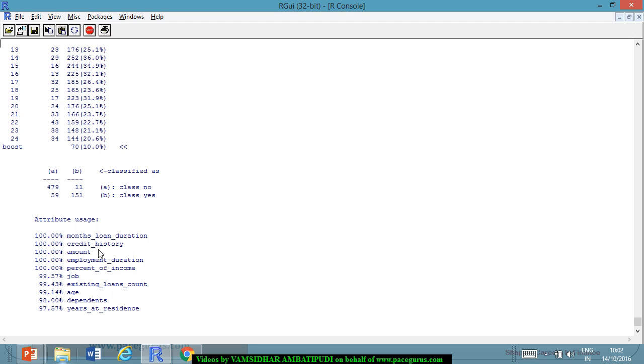And if you are looking at the attributes being used, yes, month loan duration is a very important attribute. Credit history is a very important attribute. The amount that you have taken as a loan, employment duration, percentage of income, they are all very heavily used.